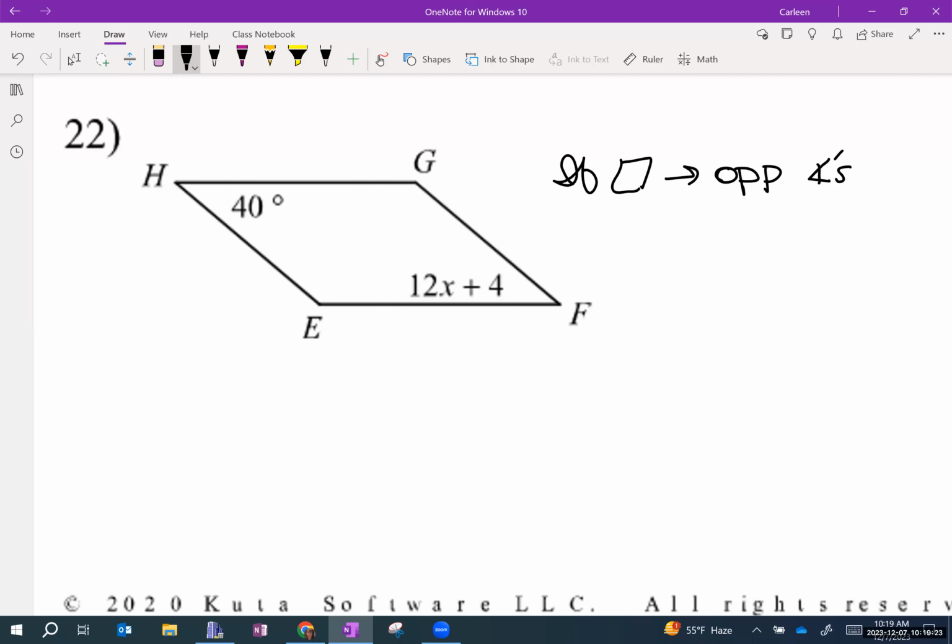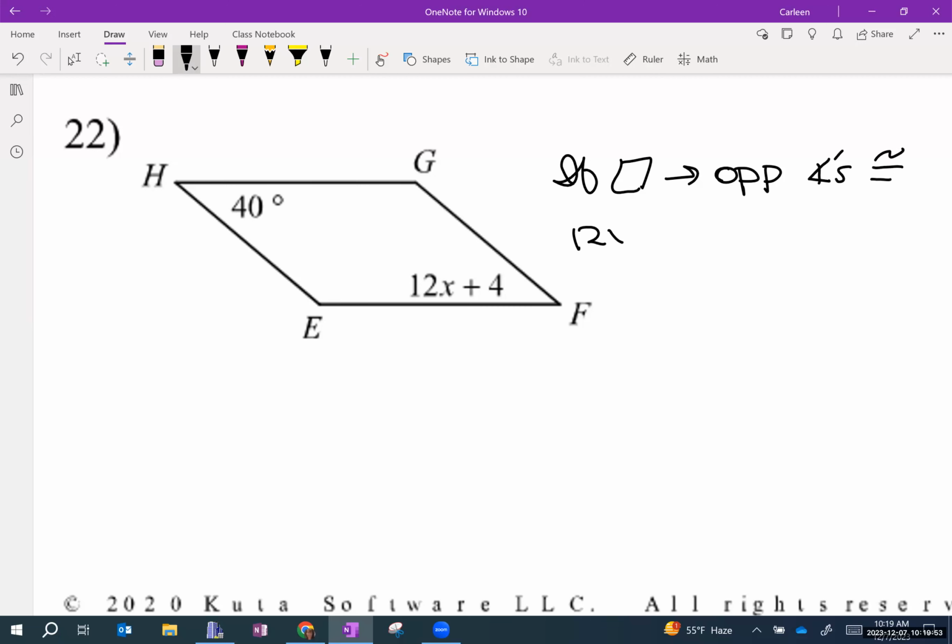They're not consecutive. Like consecutive numbers are next to each other. That's what consecutive is. These are opposite angles. Now, are they supplementary or congruent? Congruent.